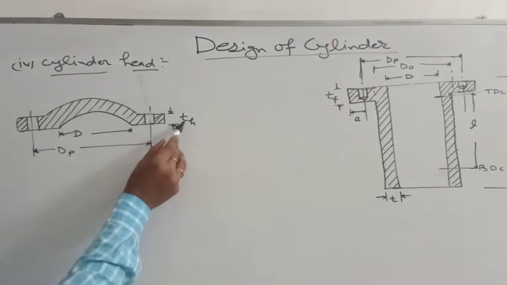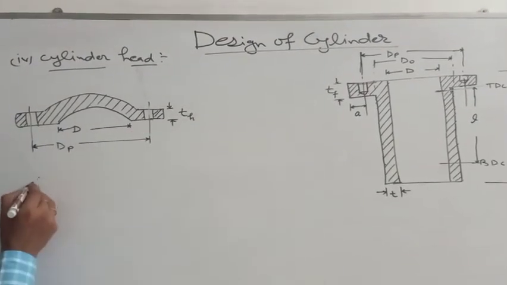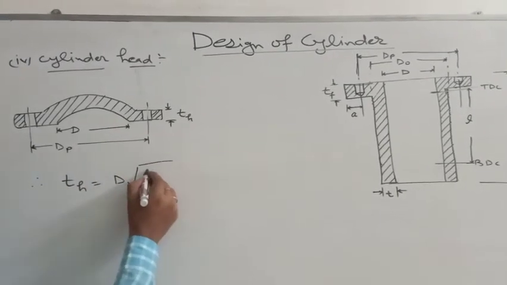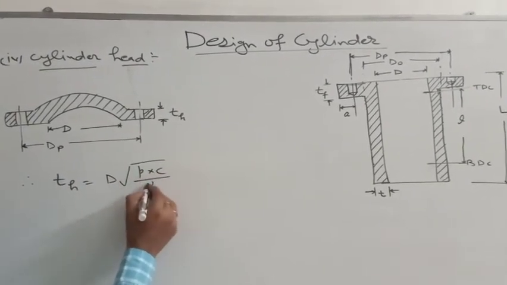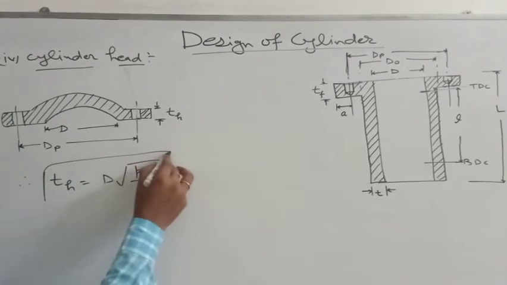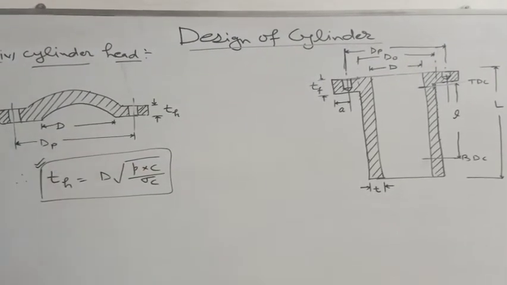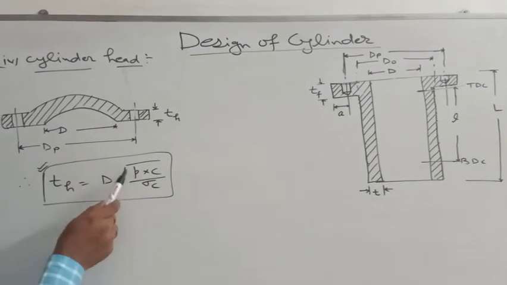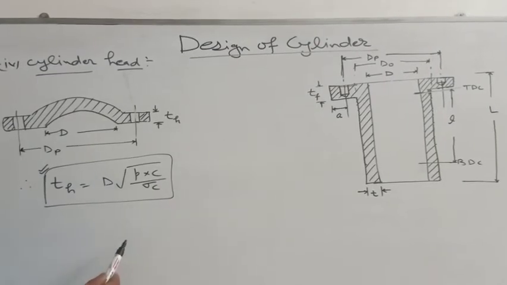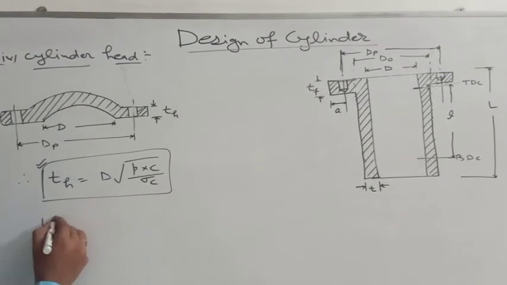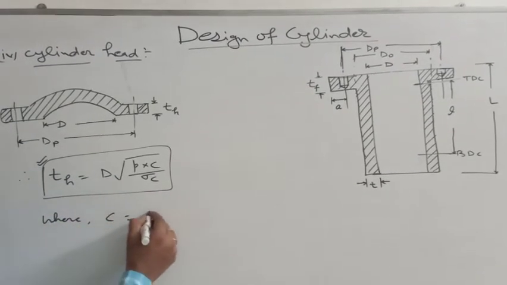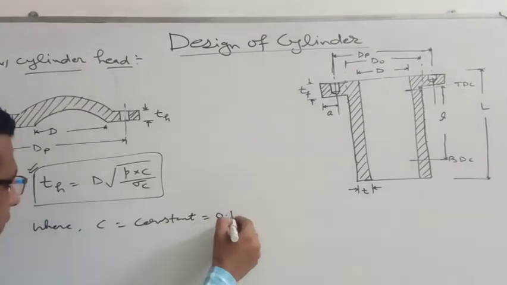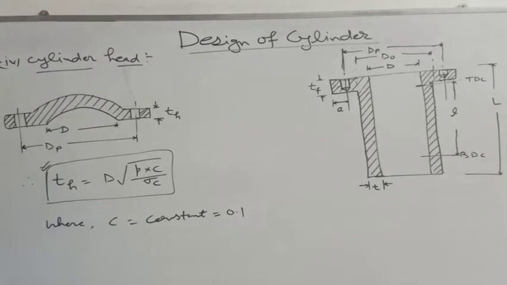Now we have to calculate the value of this thickness, and for this we are using the relationship d under root of p into c upon sigma c. By the help of this relationship, we can calculate the thickness, in which d is the inside diameter, p is the maximum pressure inside the cylinder, and c is a constant, and mostly the value of this constant is taken as 0.1.